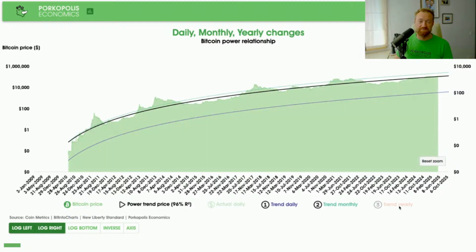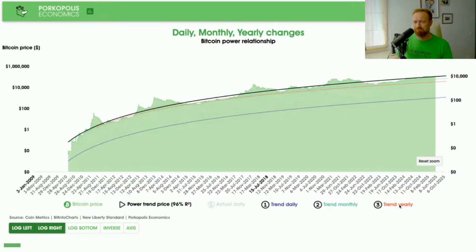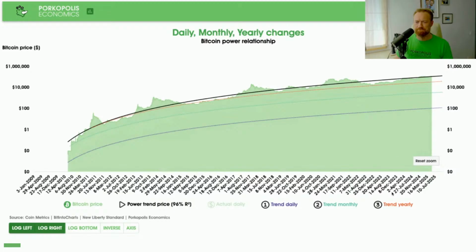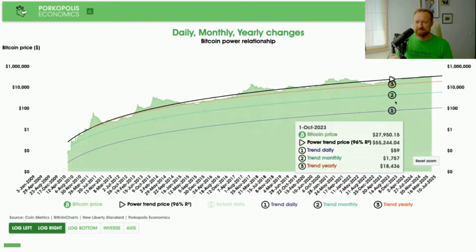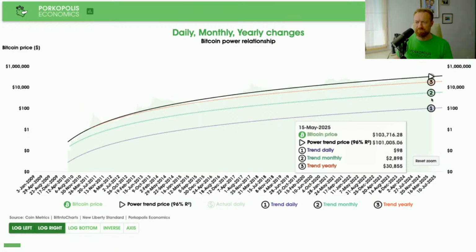Now let's do yearly. Looking at the right-hand axis here. Let's look at today. Okay, so just to remind you what you're looking at here. Power trend price, $101,500 as of today, May 20th.